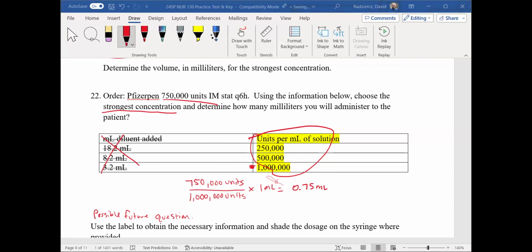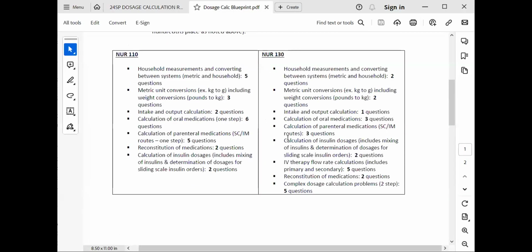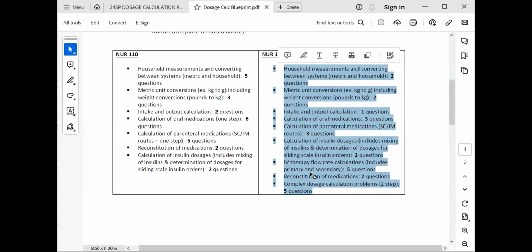If it were me and I was going through this and I wanted to create my own study guide, one of the things I would encourage you to do is go to your blueprint. I posted the blueprint on OneDrive, so go to the blueprint folder and look for examples of these types of questions, and I've given plenty of examples.